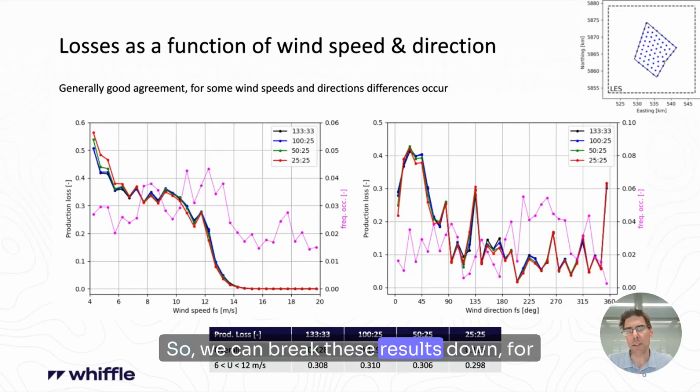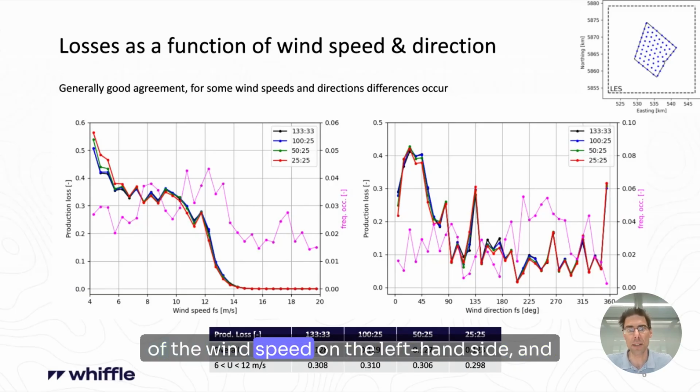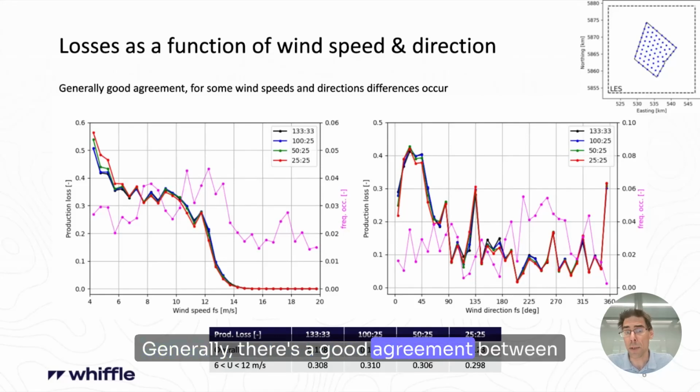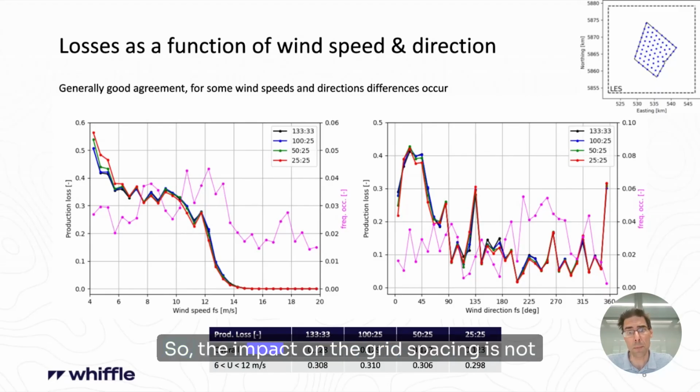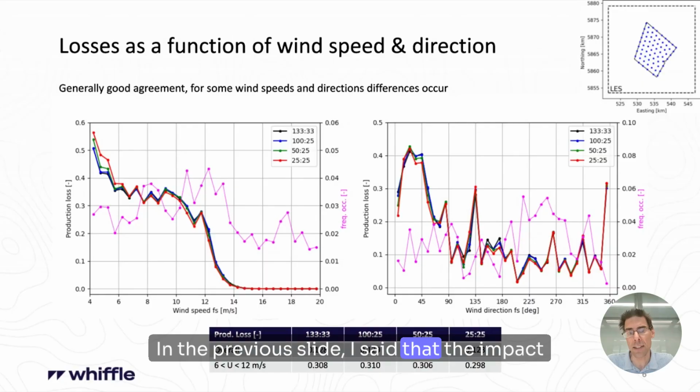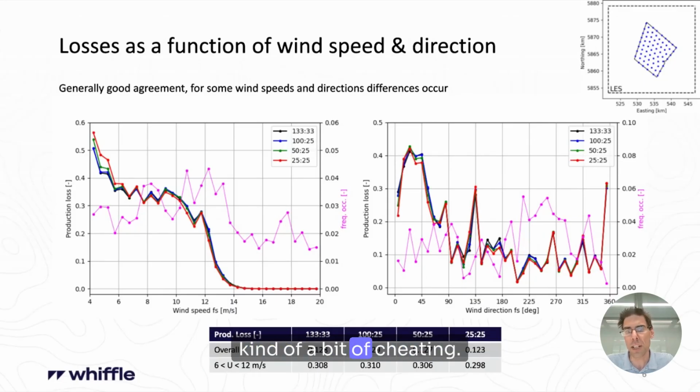So we can break these results down, for instance, like in the plots here, where the production losses are plotted as a function of the wind speed on the left-hand side and as a function of the wind direction on the right-hand side. Generally, there's a good agreement between the four grid spacings, so the impact of the grid spacing is not that large. In the previous slide, I said that the impact of the grid spacing on the production losses is within 0.6 percent point, but actually that's kind of a bit of cheating.